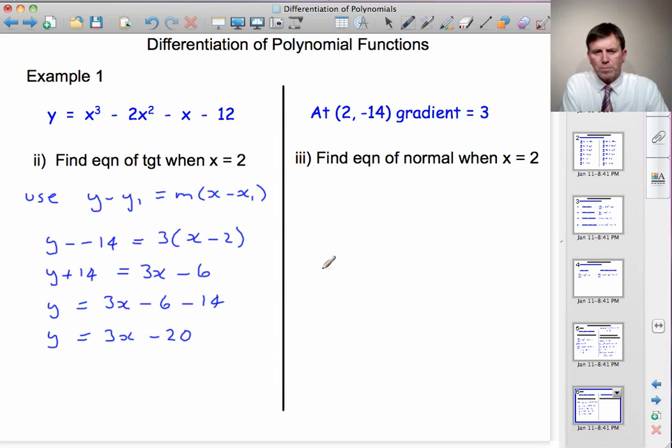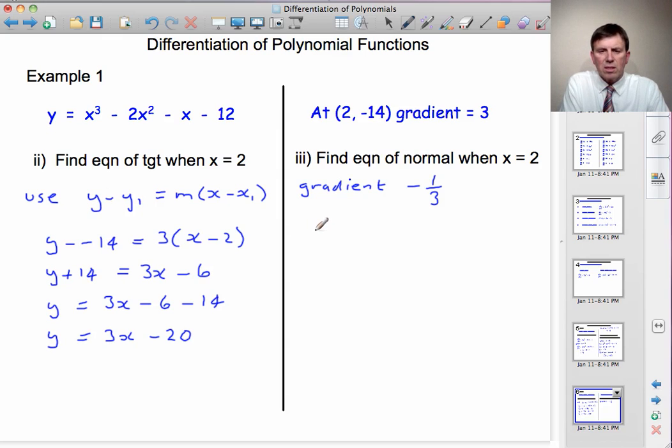Now the normal. First I need to know the gradient of the normal. Well, the gradient will be minus 1 over 3 because the normal is perpendicular to the tangent and perpendicular gradients have to multiply to minus 1. 3 times minus a third is minus 1. So in other words, we take the 3, think of it as 3 over 1, turn it upside down, change the sign.